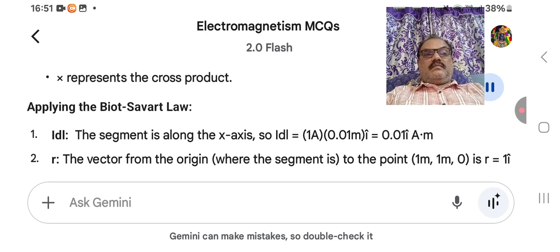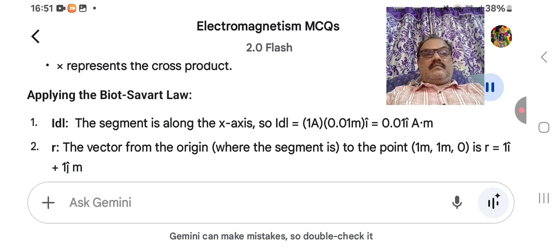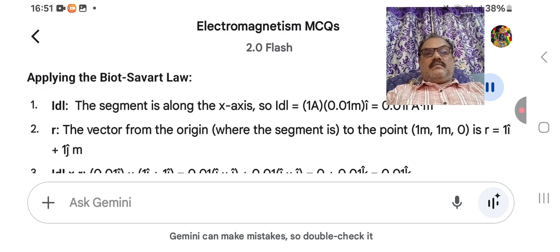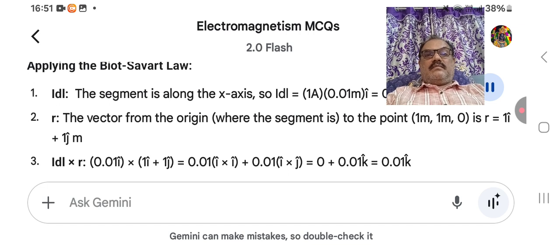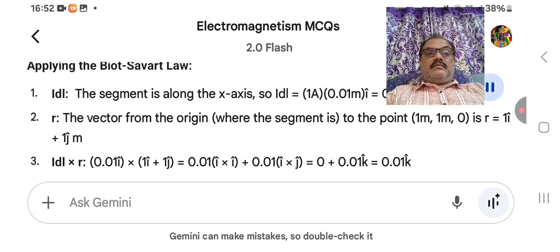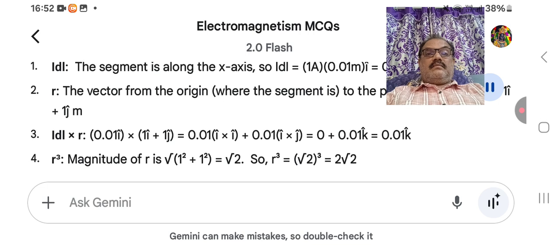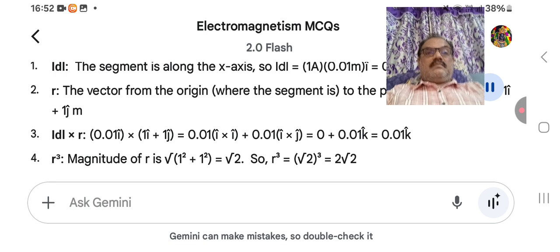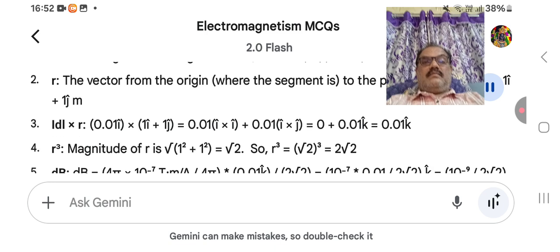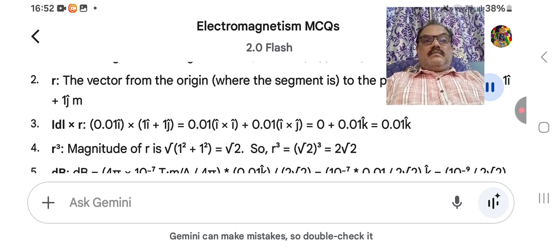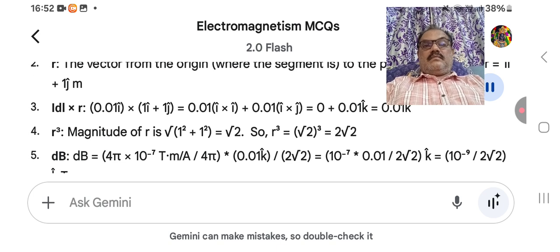The vector from the origin, where the segment is, to the point (1 meter, 0) is r equals 1 i plus 1 j. 3. I dl cross r equals 0.01 i cross (1 i plus 1 j) equals 0.01 k. 4. r cubed. The magnitude of r is the square root of 1 squared plus 1 squared, which equals square root 2. So r cubed equals square root 2 cubed, which equals 2 square root 2.